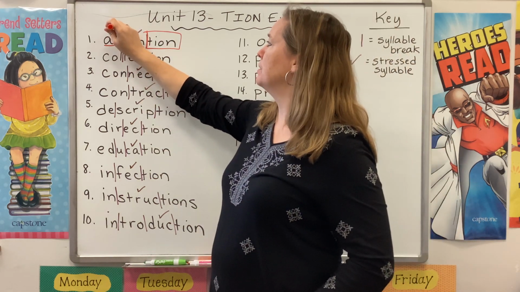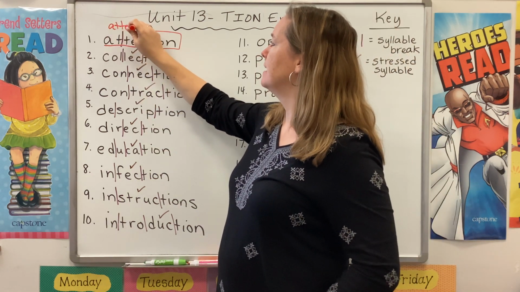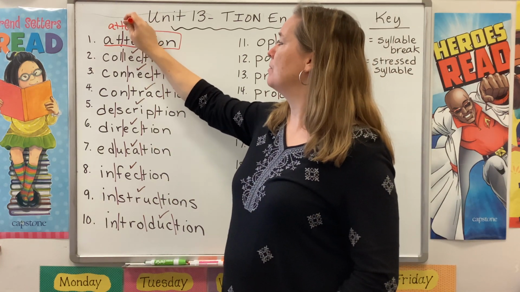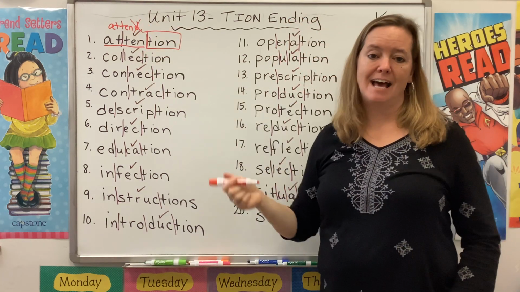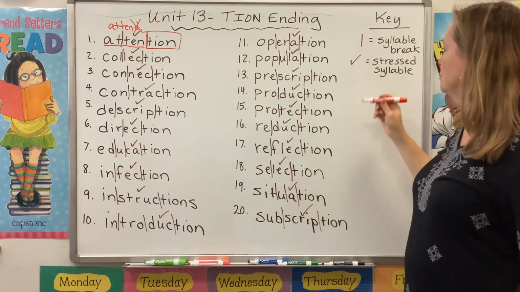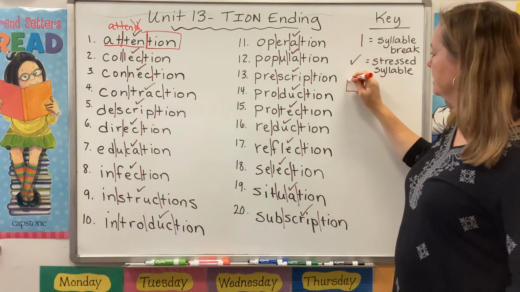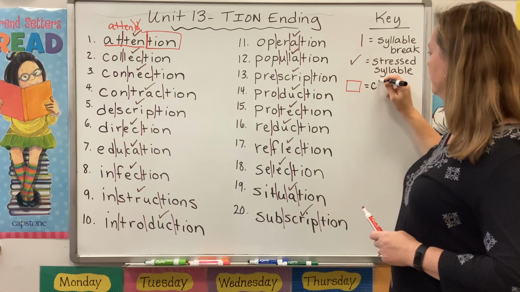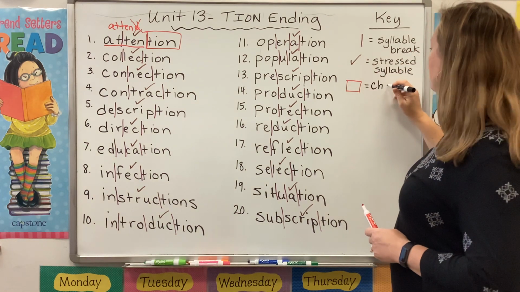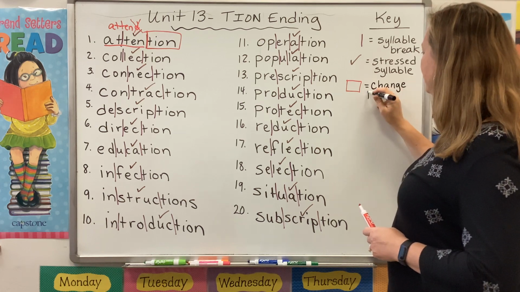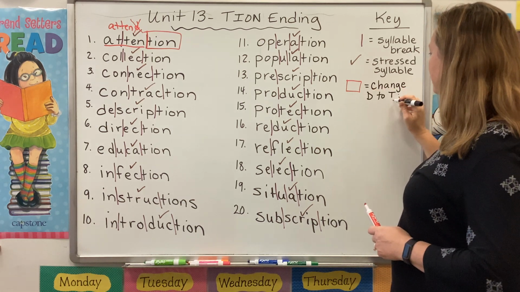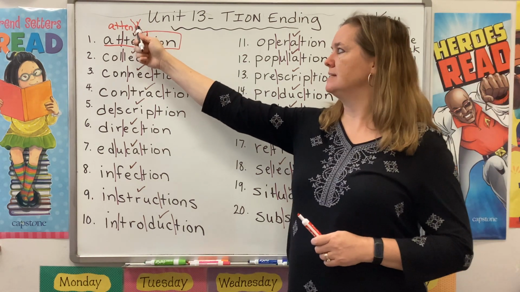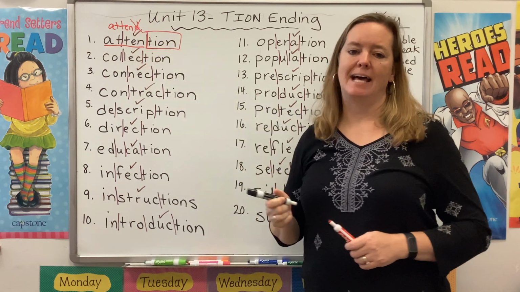So if I start with the word attend and I want to change it to attention, notice I'm crossing out the D and then I'm adding TION. So over here, I'm going to write it this way: change D to T and add ION.